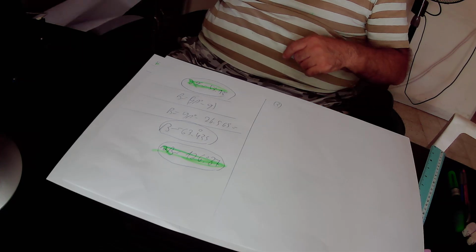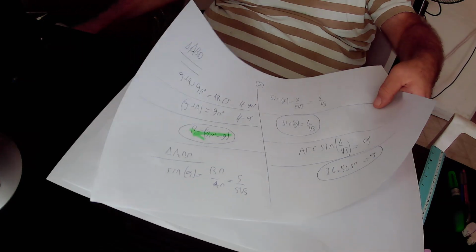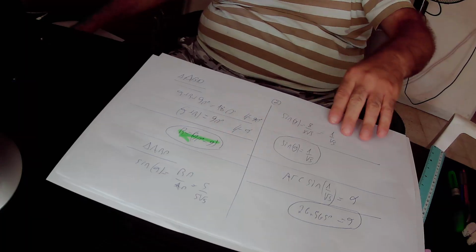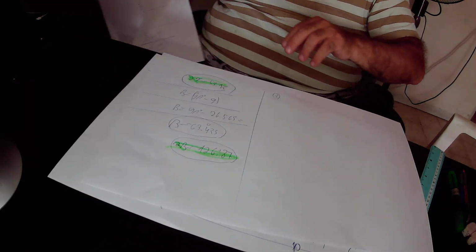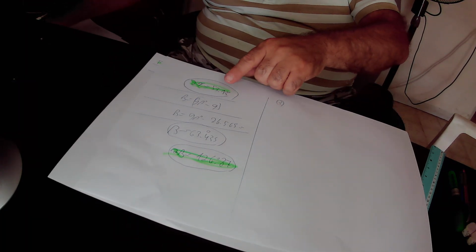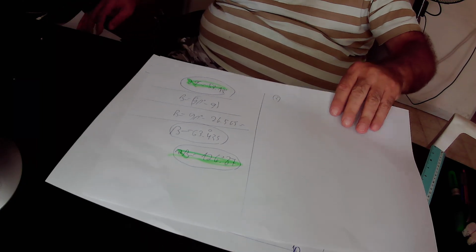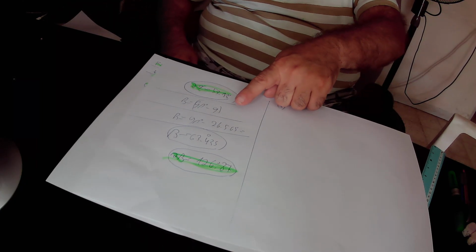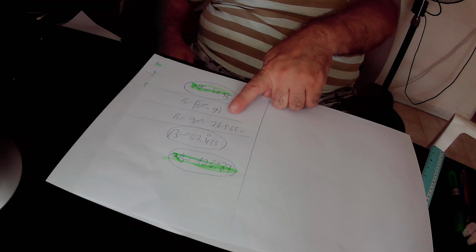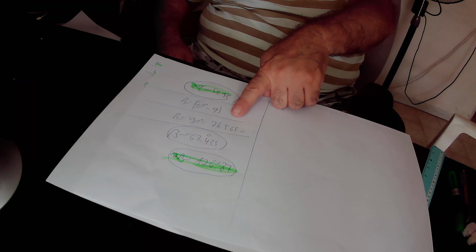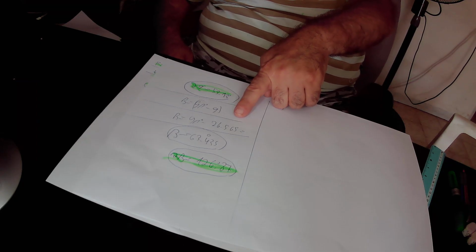We already found out that beta equals 90 degrees minus alpha. And we already found out that alpha equals 26.565 degrees.